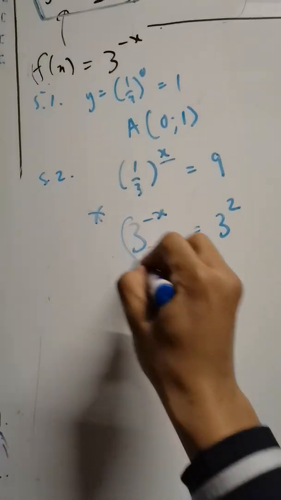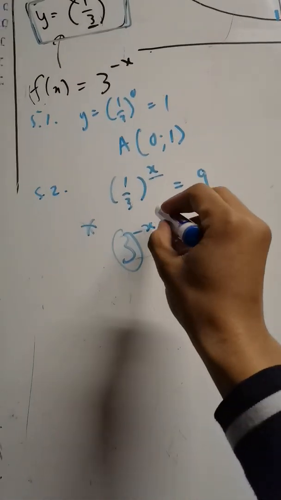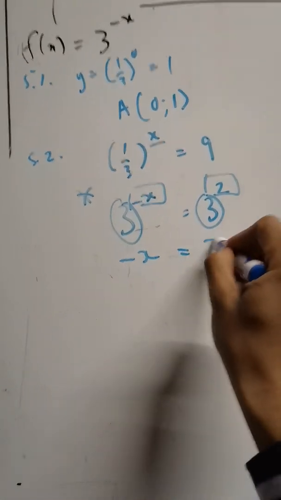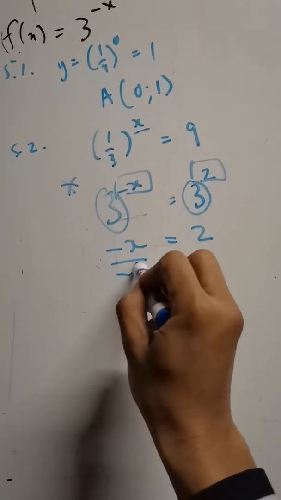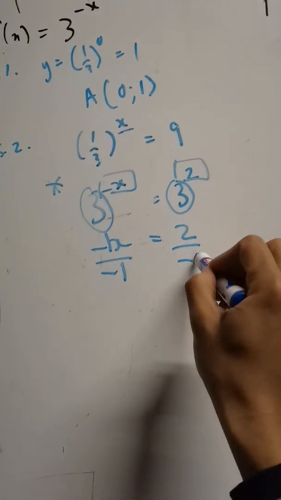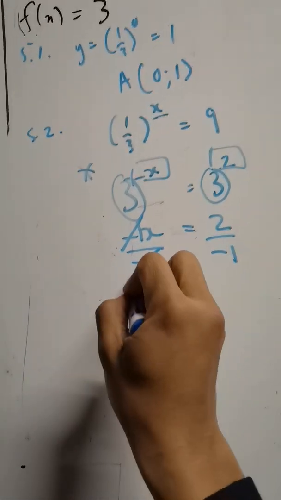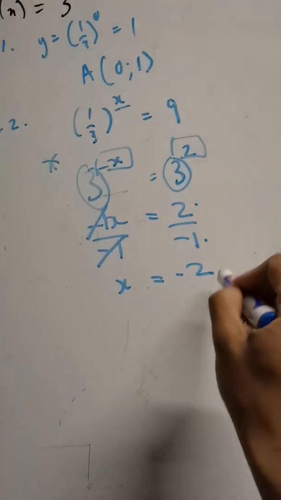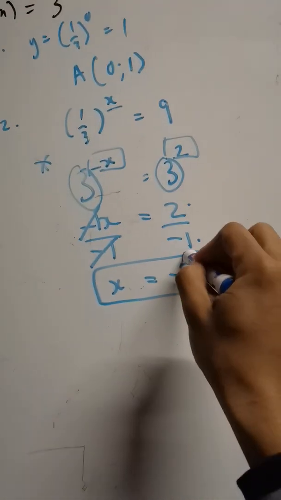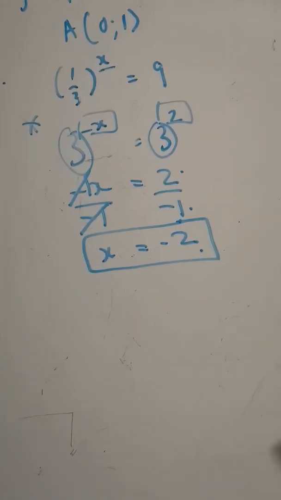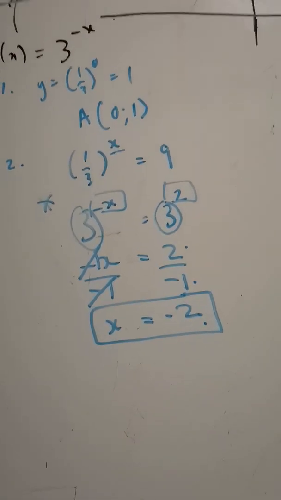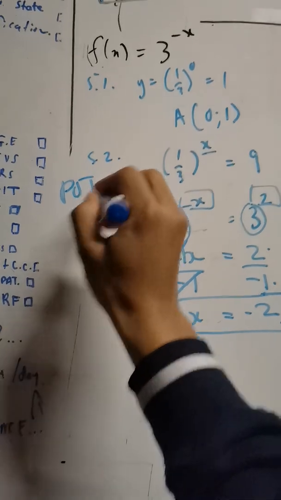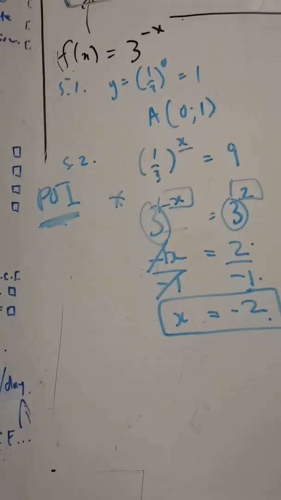We have the same base, so we can just equate the exponents. So we get negative x is equal to 2. Divide by negative 1, because you want to get rid of that negative 1. You want x alone, so therefore x is equal to negative 2, because 2 divided by negative 1 is negative 2. And that is the x value of your point of intersection, because remember, we're getting the POI, the point of intersection.